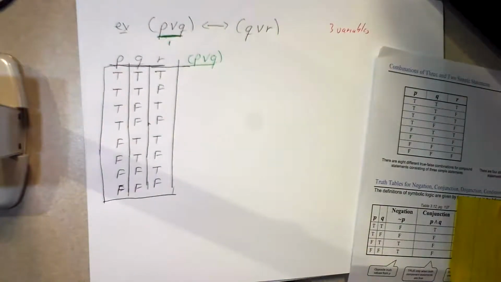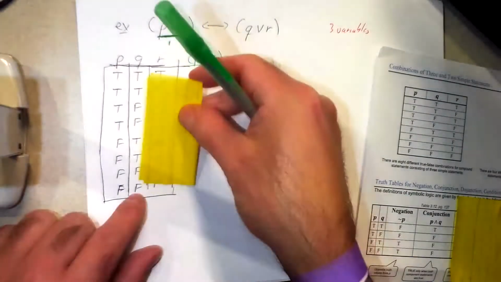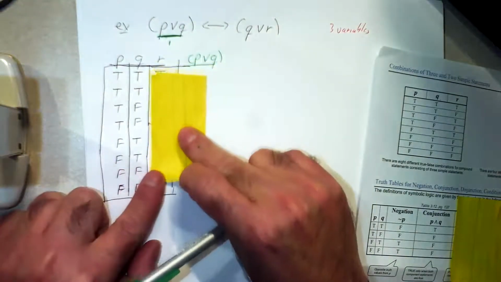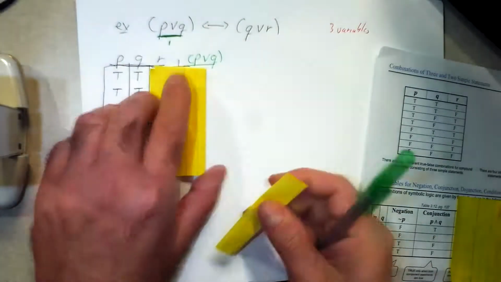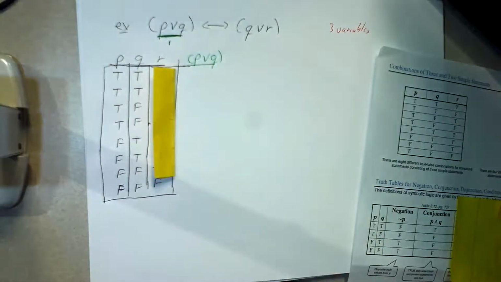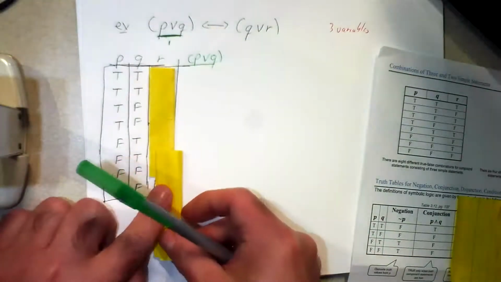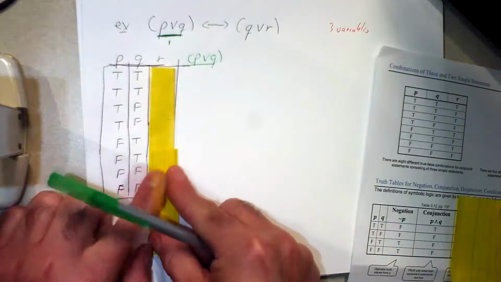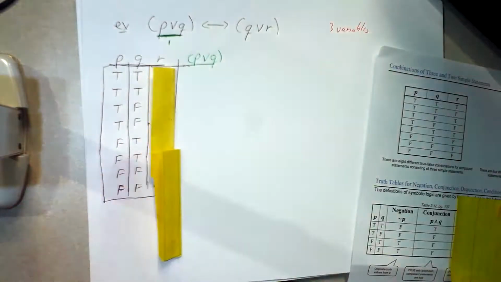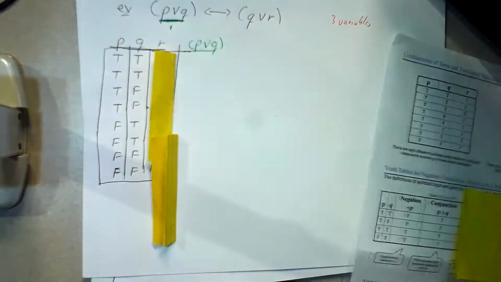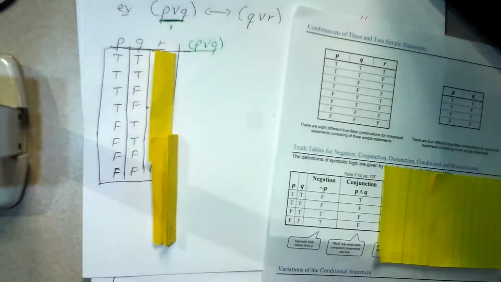I'm going to cover up my R column. There. Okay, and I have to find my connector of OR. That is a disjunction. So I'm going to go to my disjunction.